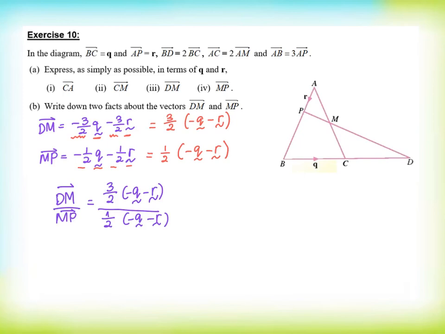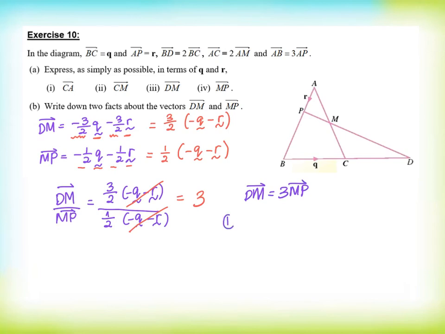What can we cancel away? Well, yes, the vectors over here can be cancelled away and we are left with a scalar multiple. What is 3 over 2 divided by half? So 3 over 2 divided by half will give you the number 3. This means to tell you the first fact, DM is now 3 times of MP.